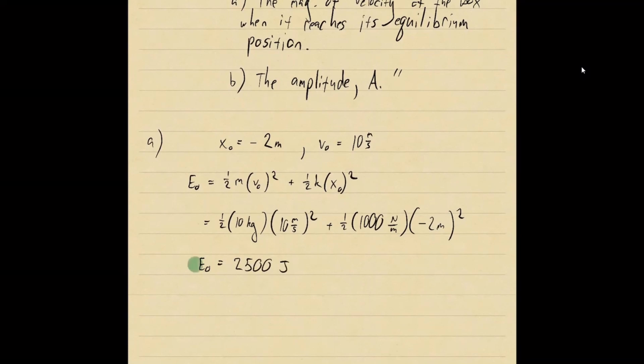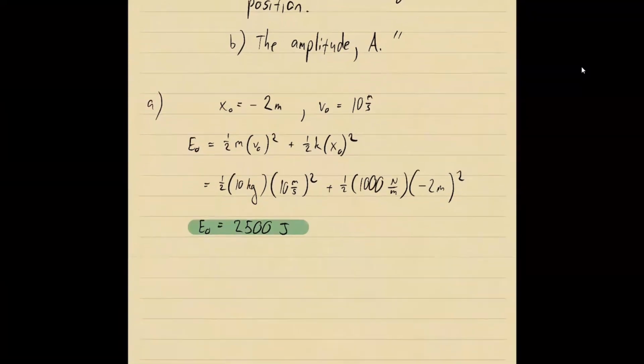We're going to assume that energy is conserved in this problem because there's no friction anywhere. And we're going to say that the final energy of our system occurs when we are at the equilibrium position.